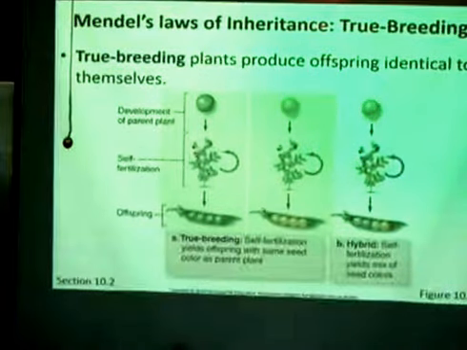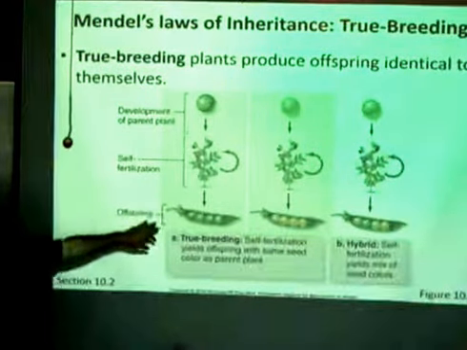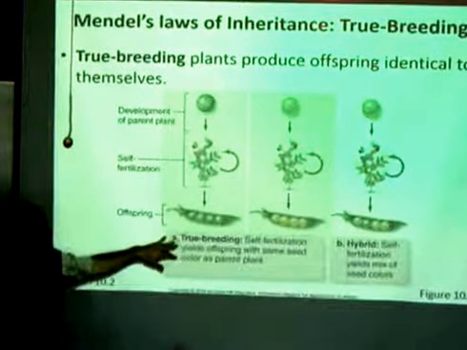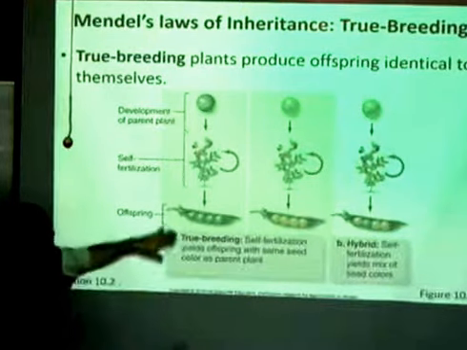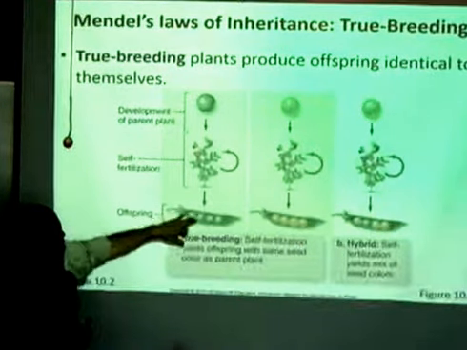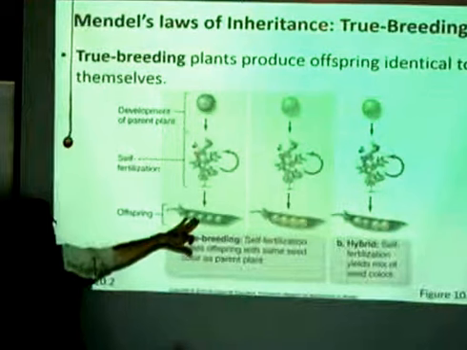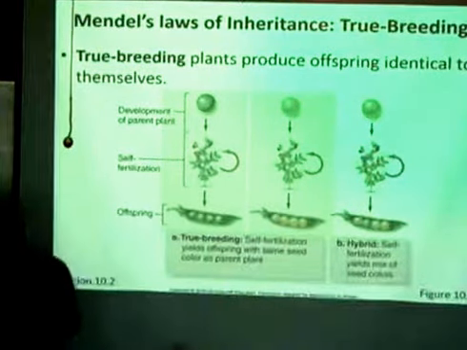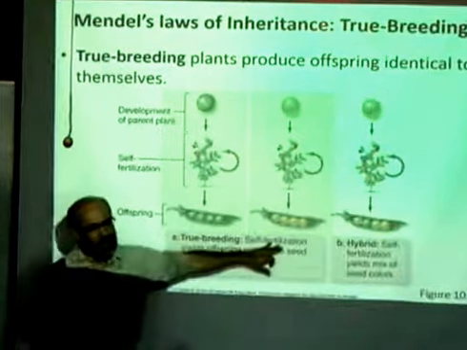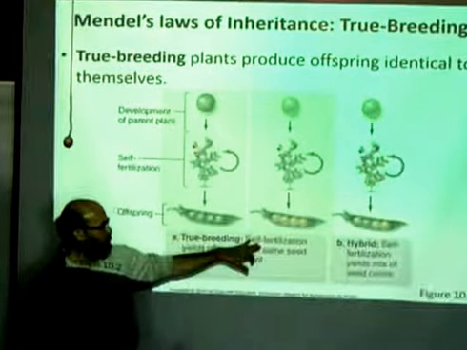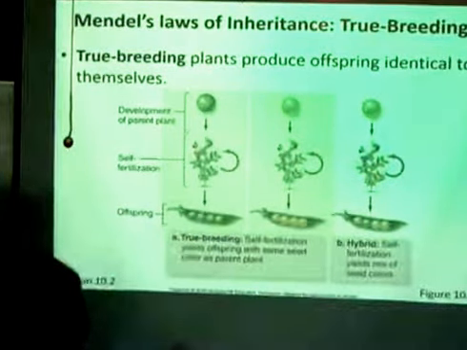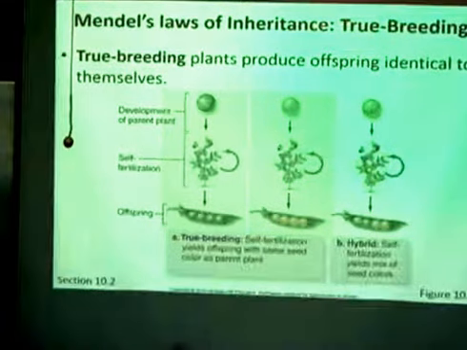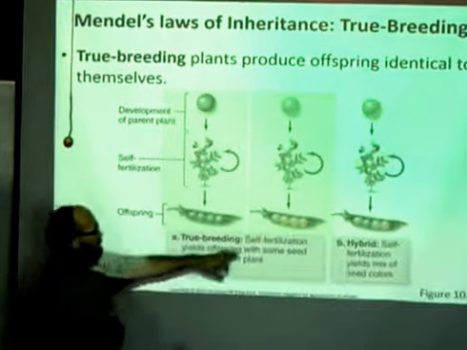So in the case of pea plants, some pea plants are true breeding, meaning that if you take some green seeds and you sow them, and allow them to self-fertilize, allow them to self-pollinate. Self-fertilization means pollens of the same flower fertilizing their own female parts of the flower. So that is called self-fertilization.